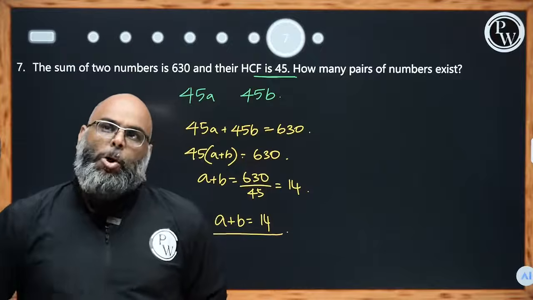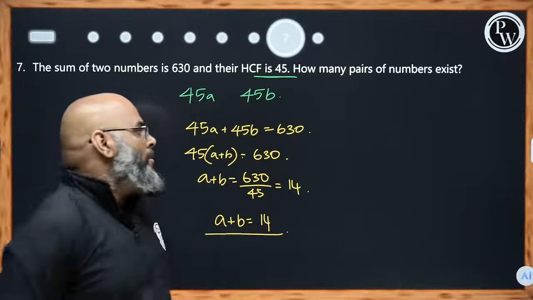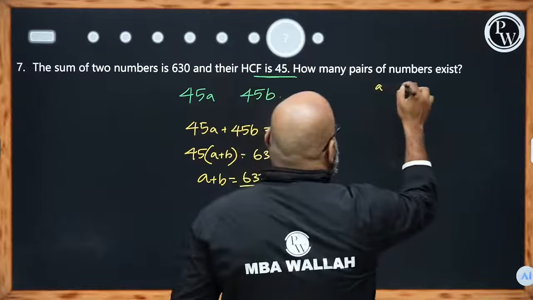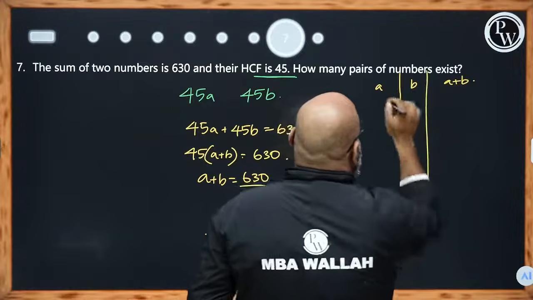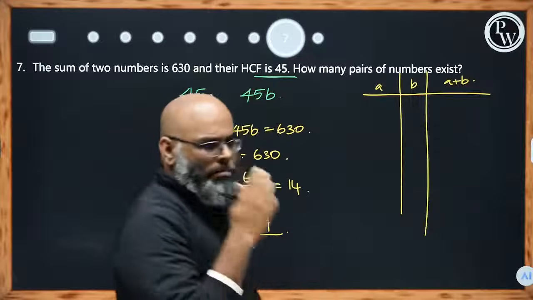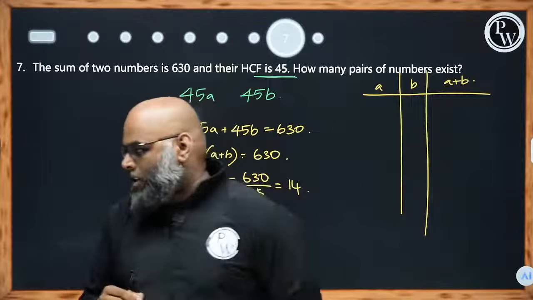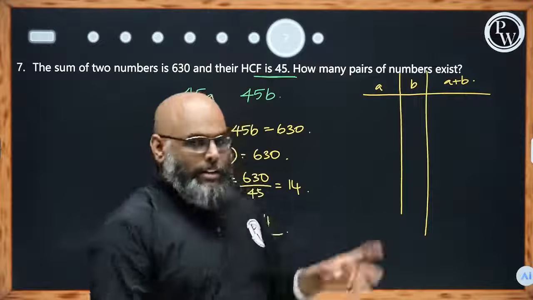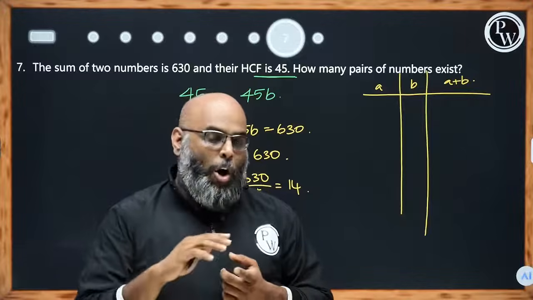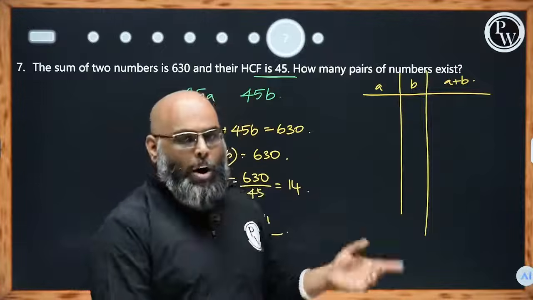So what are the possible combinations that you can make for A and B? What are the cases, what are the scenarios that we can take? We are calling it A and B. They are not necessarily in that name. The order doesn't matter to us. I'll tell you what it means.